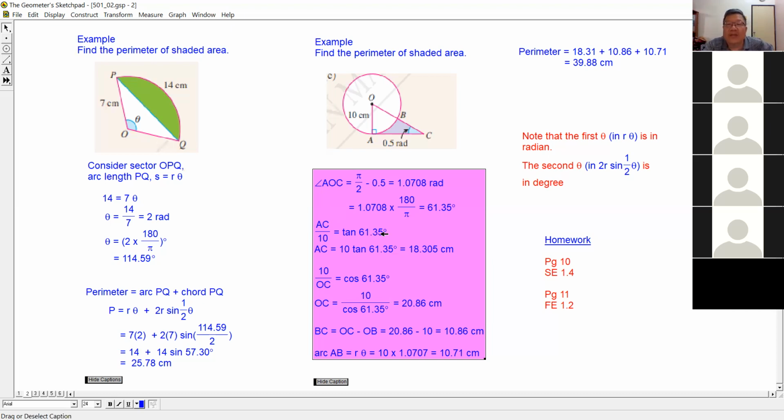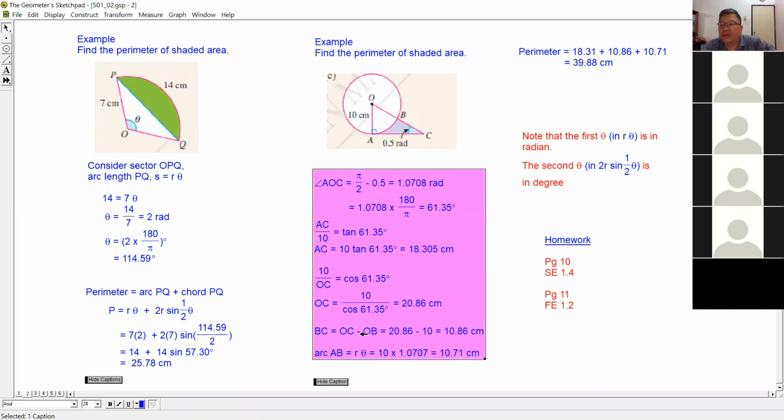I use 61.35. Can I use 1.07? Calculator in degree mode, can I use radian? Cannot. So you see why I say you must change to radian first, or change to degree, degree to radian lah. Either one, you have to change it first.